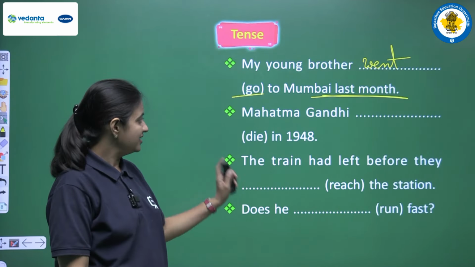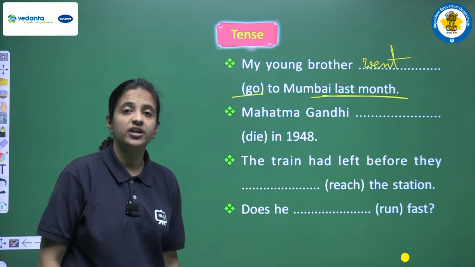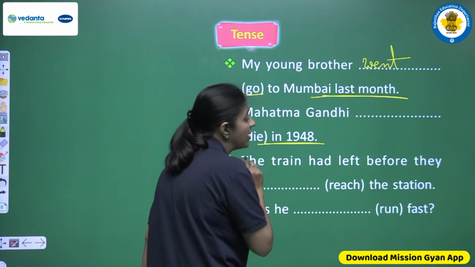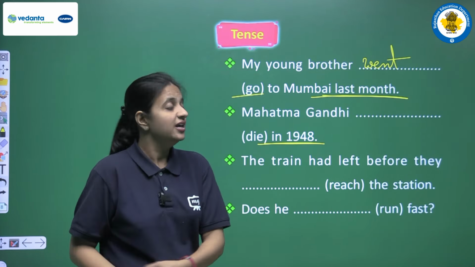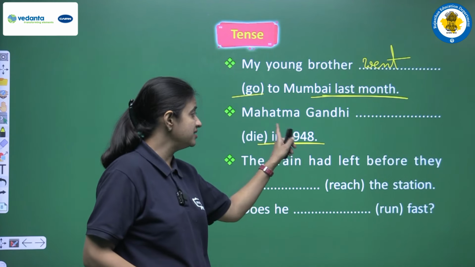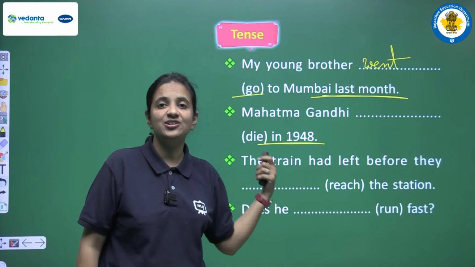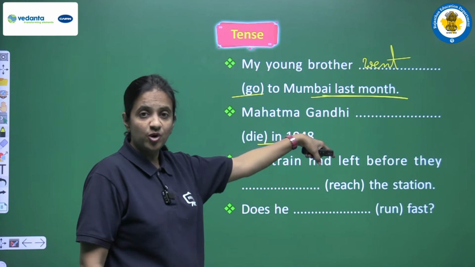Okay. Next is, Mahatma Gandhi died in 1948. So in this sentence also we are having some past time. Here we are talking about some past event that happened in a past time, that is 1948. So yes, this is also the indication that we have to use past simple tense here. Again, this is a positive sentence.